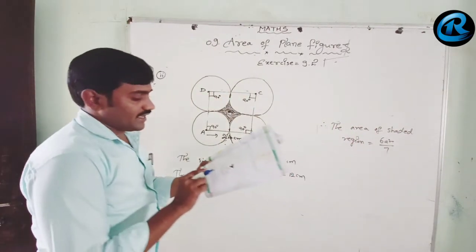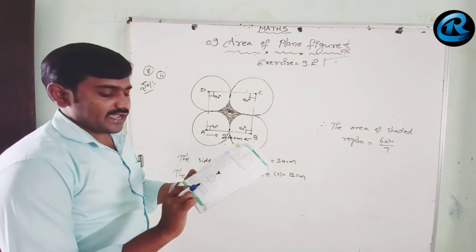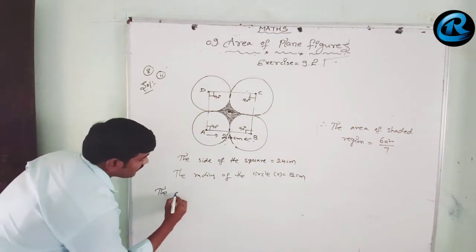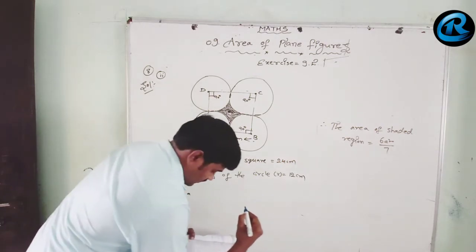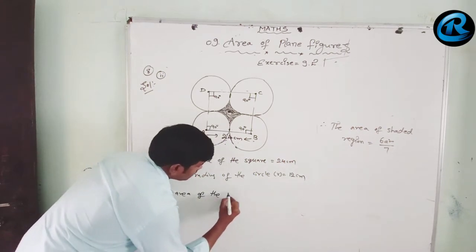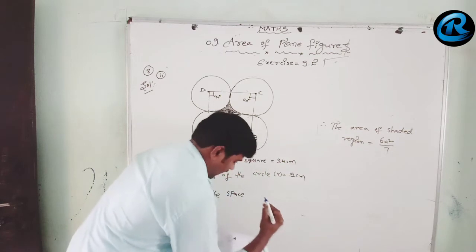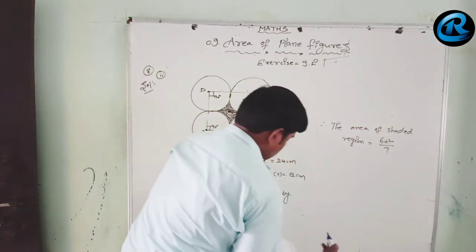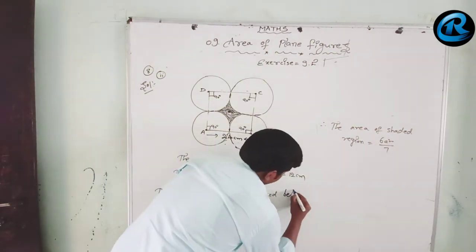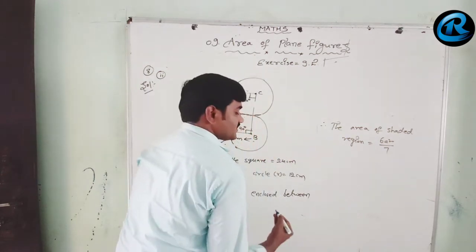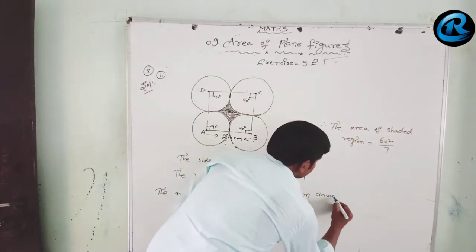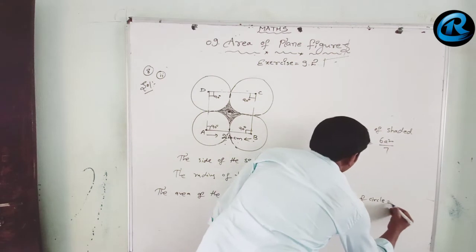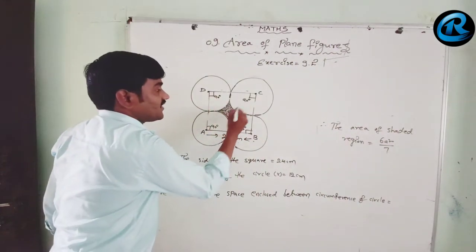Now we have to find the area of the space enclosed between the circumferences of the circles.